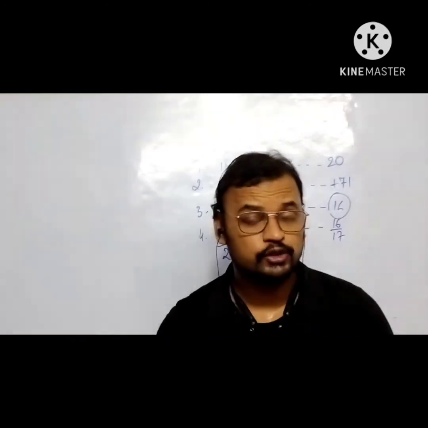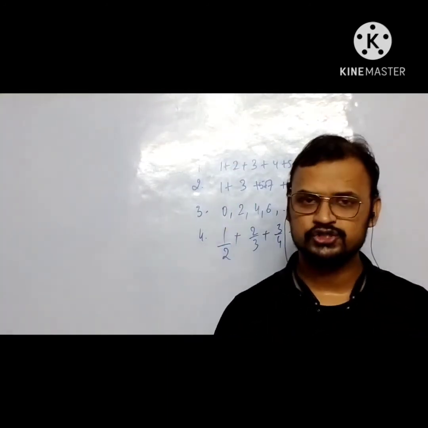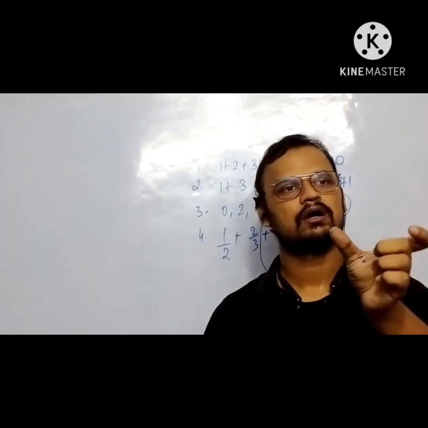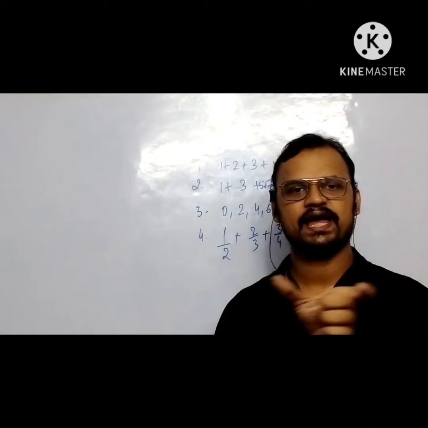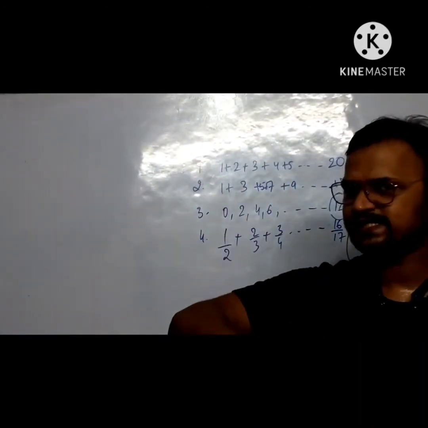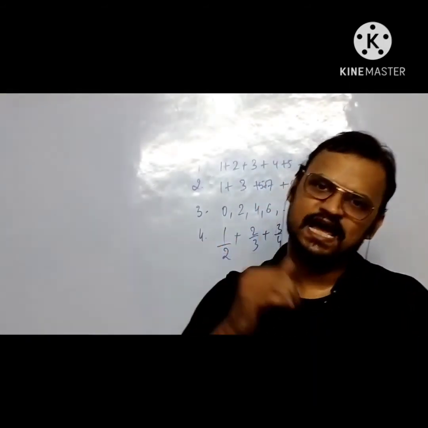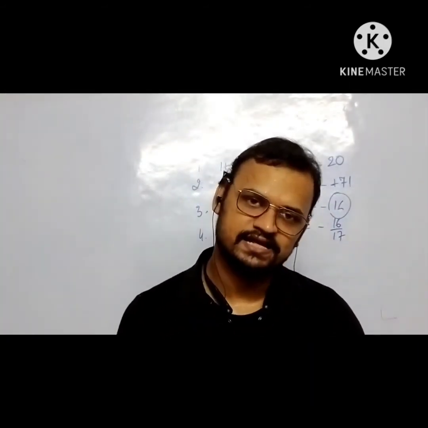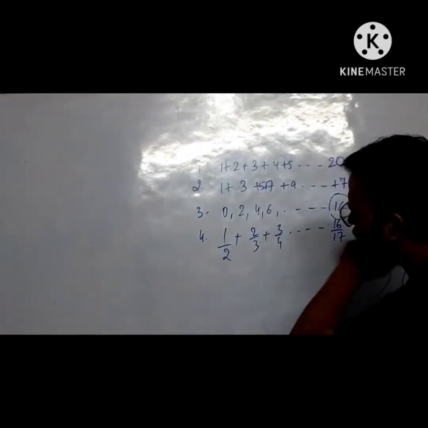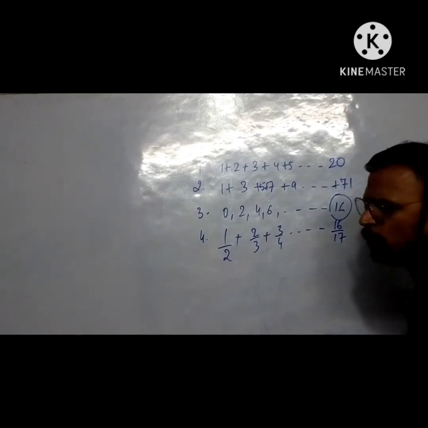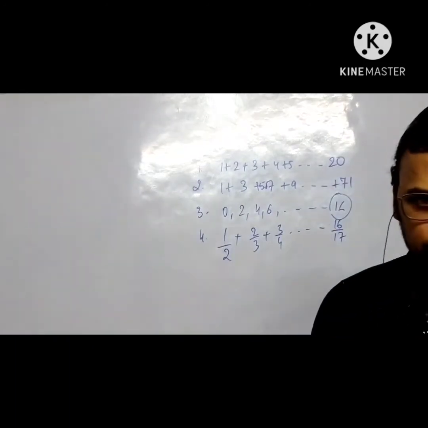See students, we don't have any logic to get two loops moving adjacently. Means we are making a nested loop, but that loop is one inside the other. Okay, one loop inside the other, that is a different thing. But here if you are thinking that one loop should be for the numerator and one loop for the denominator, that is a wrong concept.